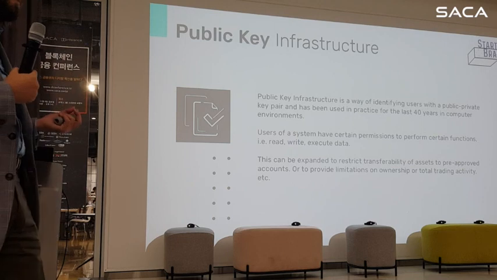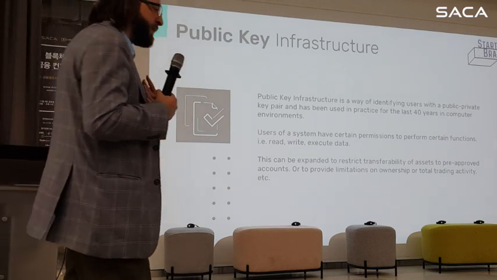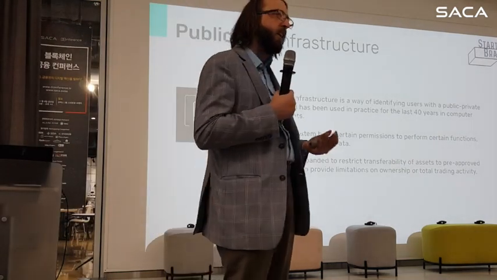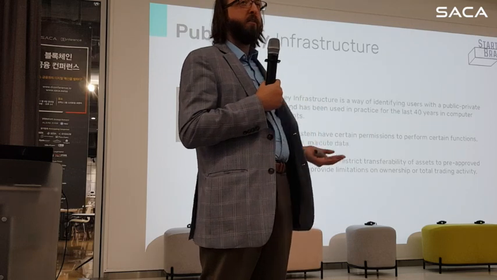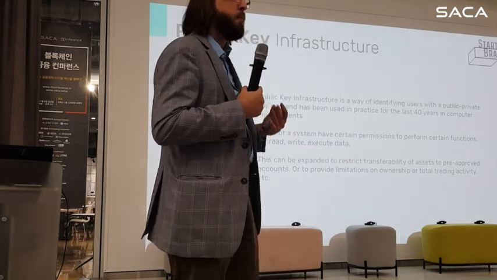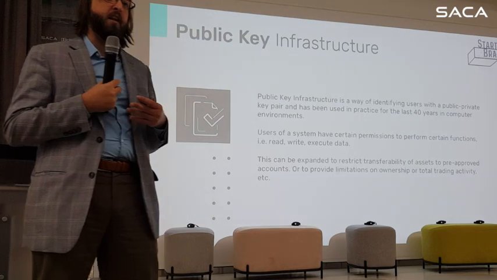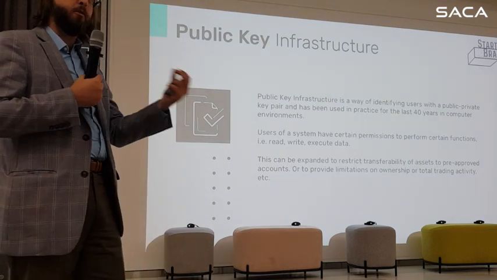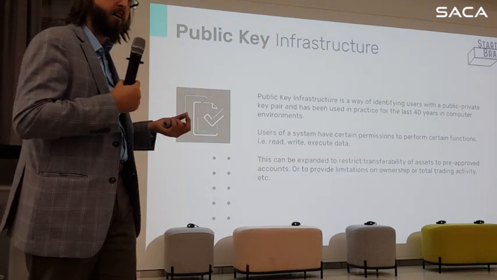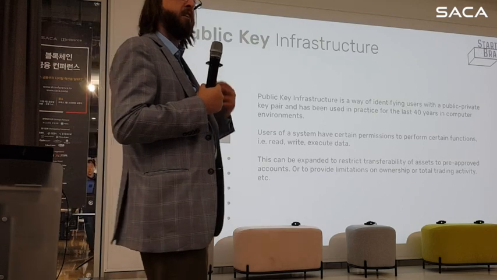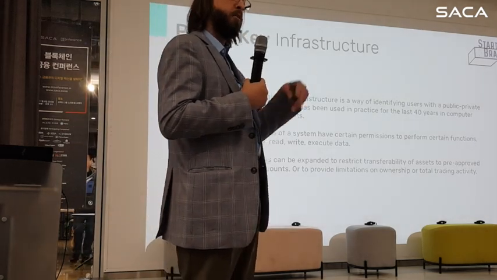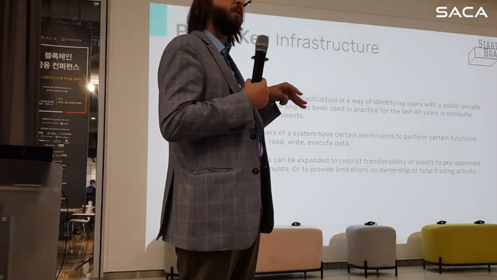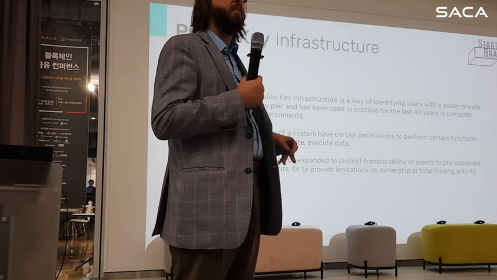Now if I'm dealing with stocks or other securities, maybe I need to be approved as an accredited investor. Maybe I need to be able to say that I have the ability of issuing bonds, issuing stocks, and I have to have that kind of role control provided to me by some centralized authority that says I have the ability to do these types of things.